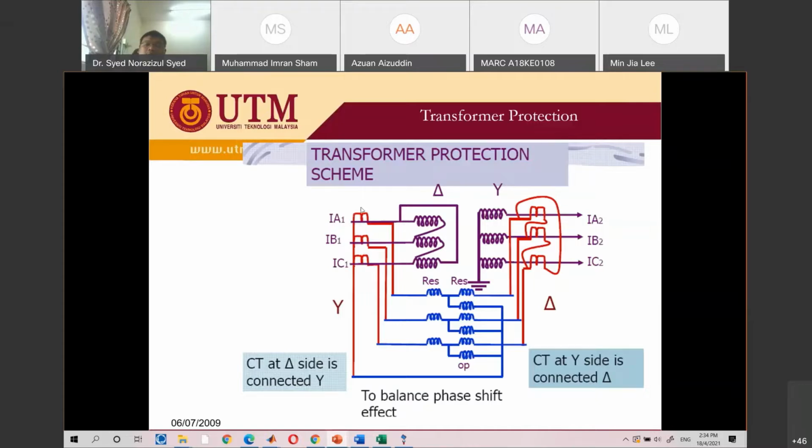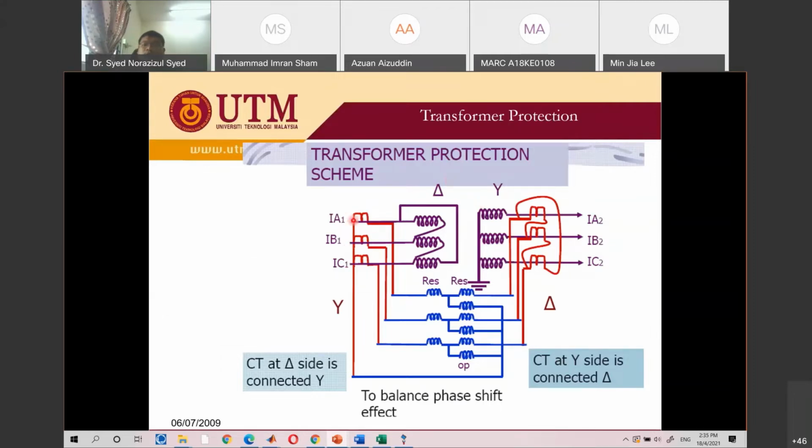For example, the delta here already has a 30 degree displacement, say a positive 30 degrees.